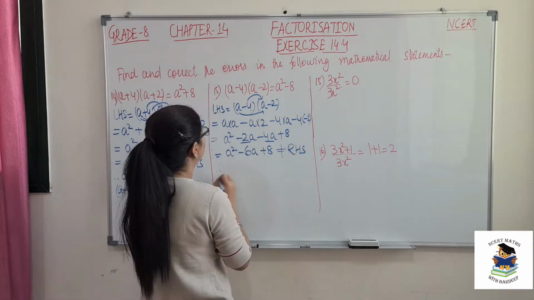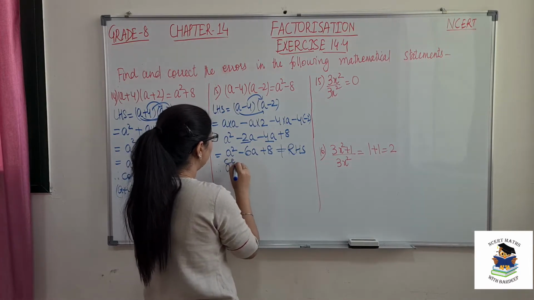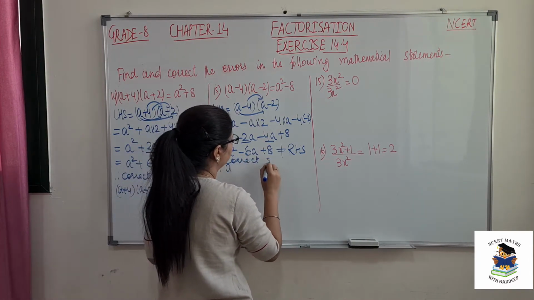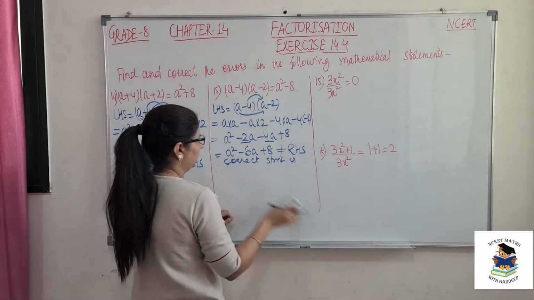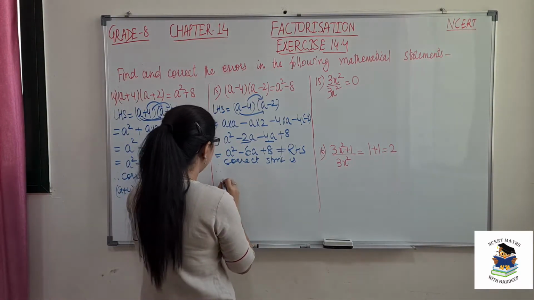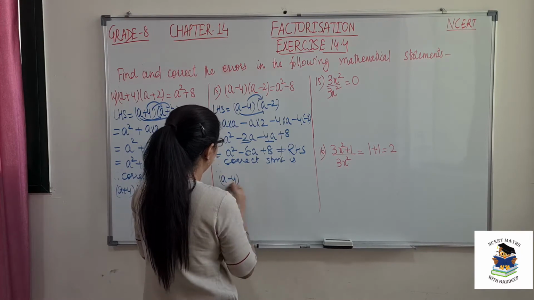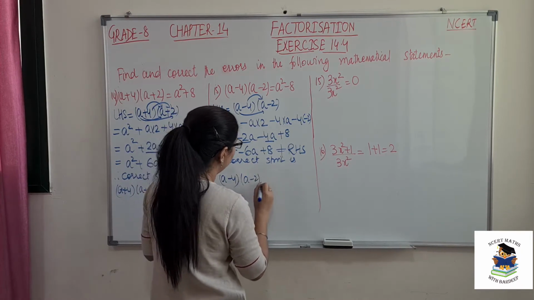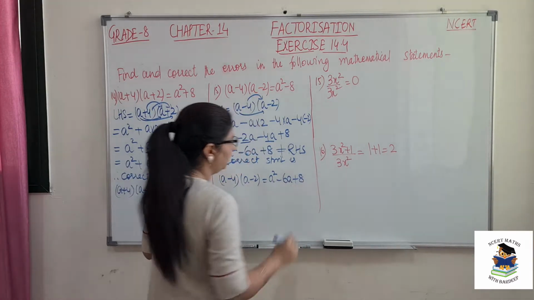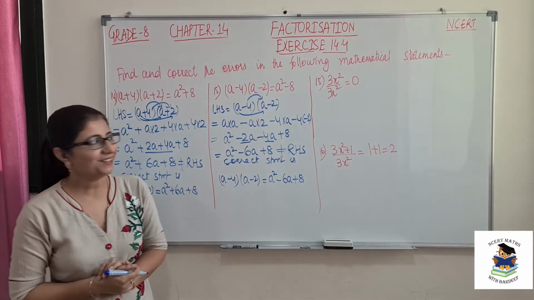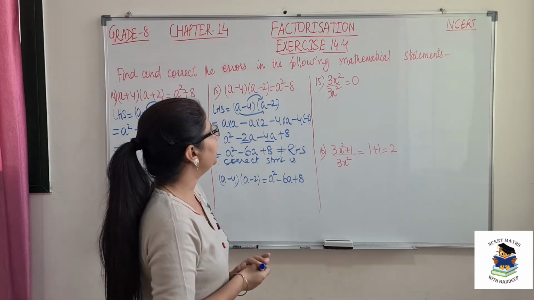Therefore the correct statement is (a − 4) into (a − 2) is equal to a² − 6a + 8. So let's see the next question.